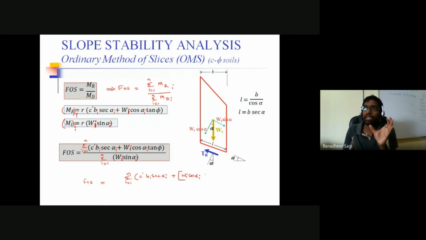Wi cos alpha i divided by li into 1 was your normal stress. On which area was the normal stress acting? We said it is nothing but li into 1. So this li in the denominator got cancelled, and accordingly you wrote down your expression saying that that is your normal force component. So normal force minus the force corresponding to your pore water pressure.